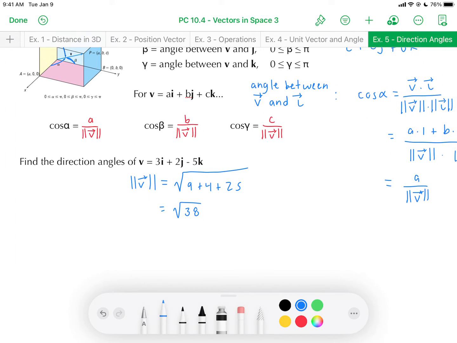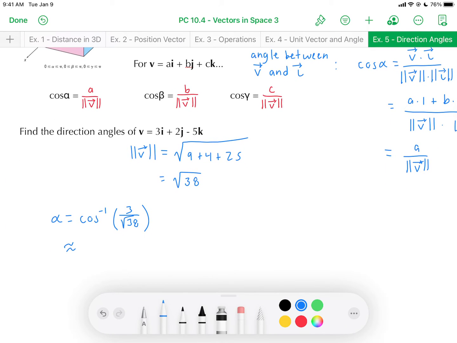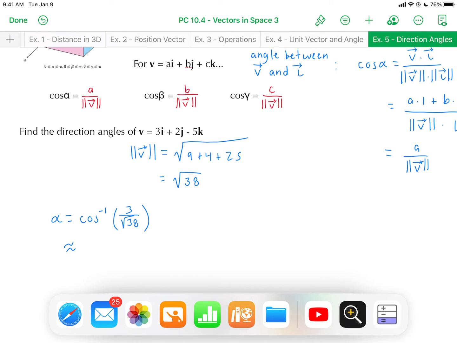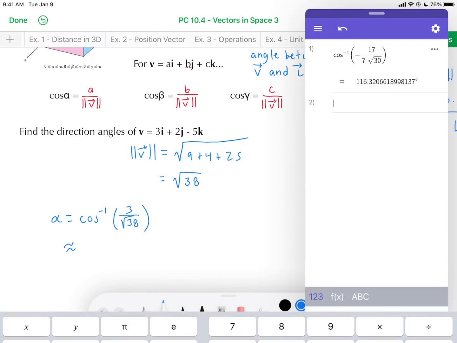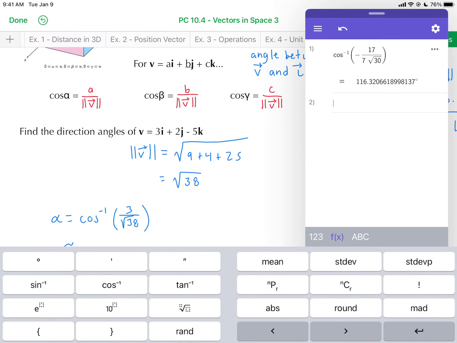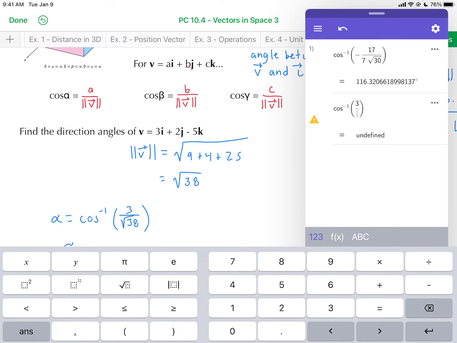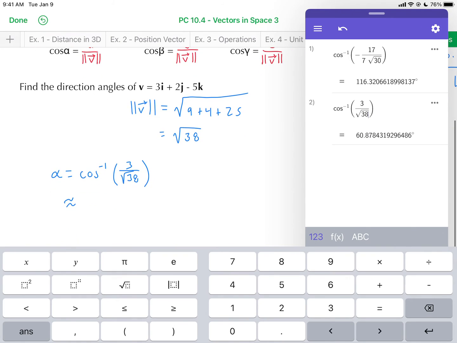So if I want the direction angle alpha, that's going to equal inverse cosine of 3 divided by the square root of 38. See what we get. 60.9 degrees.